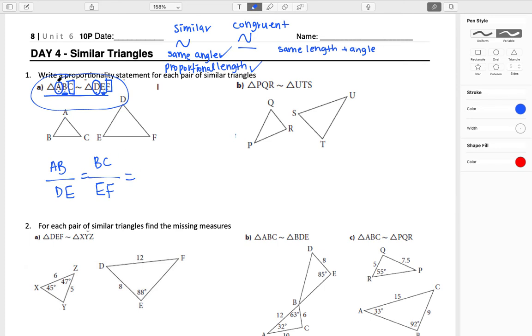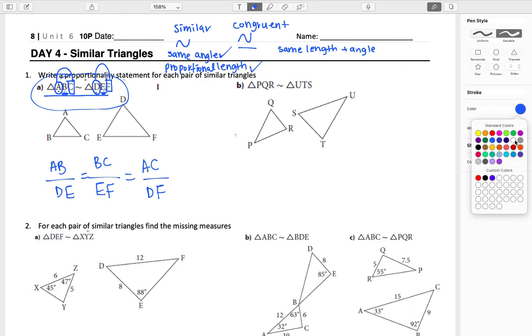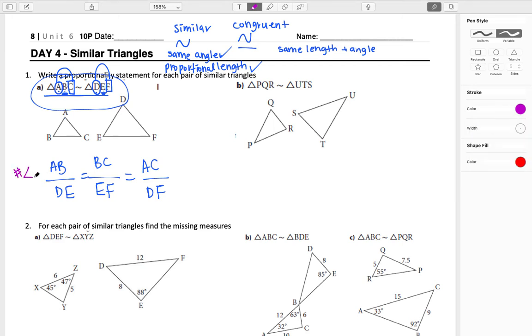And then we could say AC is proportional to DF. Okay, so keep in mind when you're writing a proportionality statement, the numerator represents triangle 1 and the denominator represents triangle 2. You cannot mix up the proportionality, okay, always.